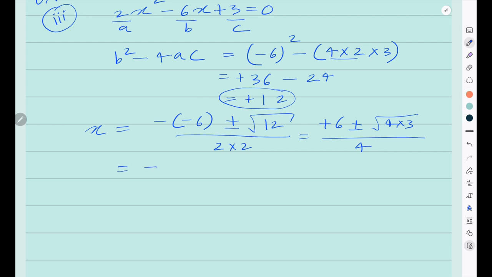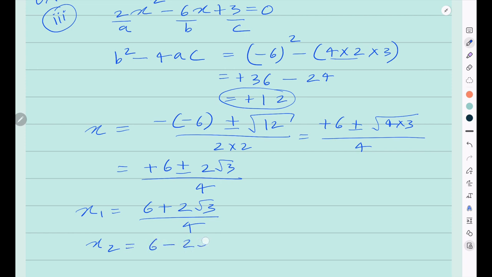Then we get 6 plus minus 2 root 3 divided by 4, meaning we get two roots. x1 is 6 plus 2 root 3 divided by 4, and the other root is 6 minus 2 root 3 divided by 4.